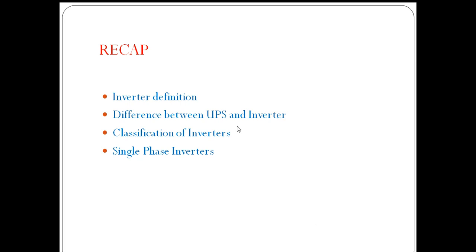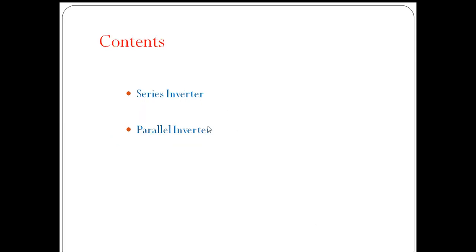In today's class we will focus on series inverter and parallel inverter: the circuit configuration, circuit operation, and the concerned waveforms of these two, and how we convert that DC input into AC output. How that conversion process takes place, we will observe.